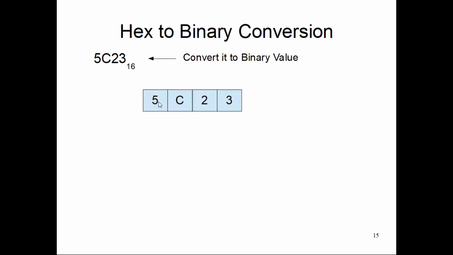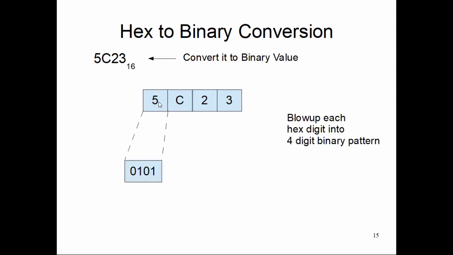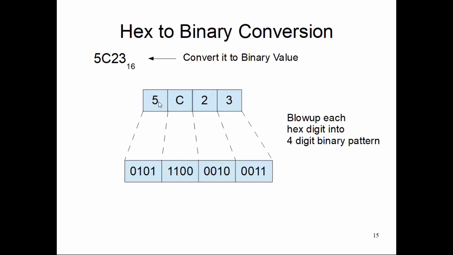All right, so 5 will be represented as 0 1 0 1, C will be 1 1 0 0, 2 will be 0 0 1 0, 3 will be 0 0 1 1, and that becomes the binary representation of the value represented by this hexadecimal pattern. So blow up each hex digit into a 4-bit pattern.